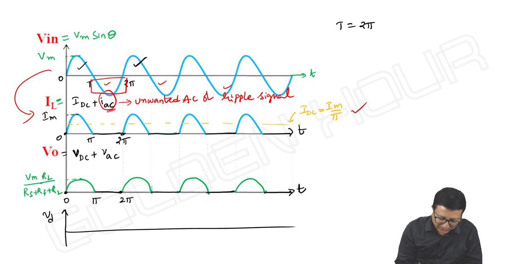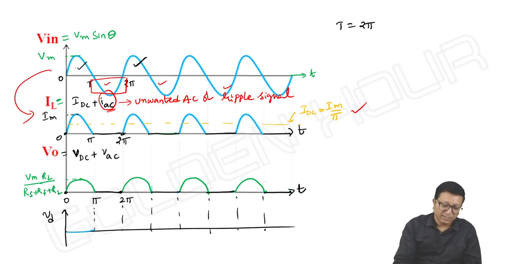First two half cycles, the diode is almost acting like short circuit, negligible voltage, and almost all the secondary voltage can be seen across the output terminals. And during negative cycles, whatever the secondary voltage we have, that entire secondary voltage can be seen across the diode.